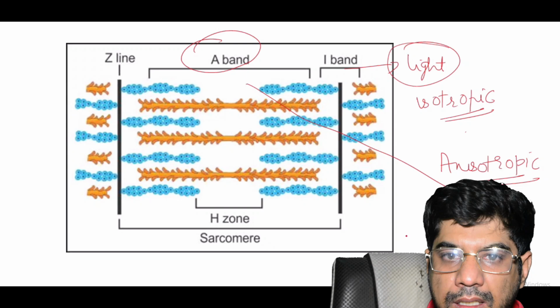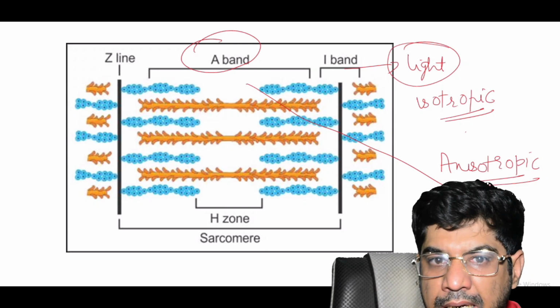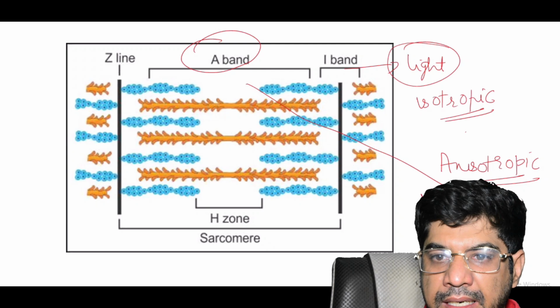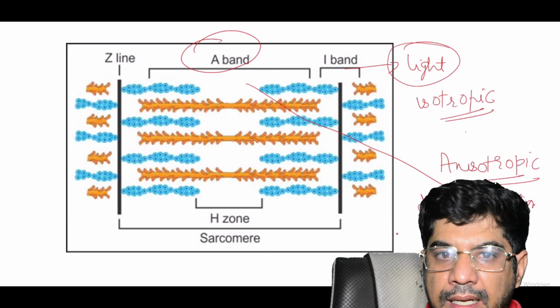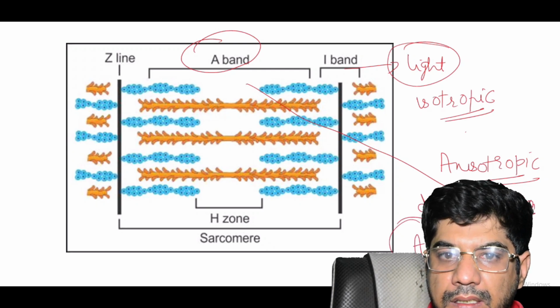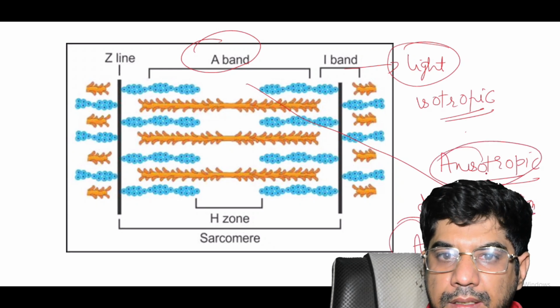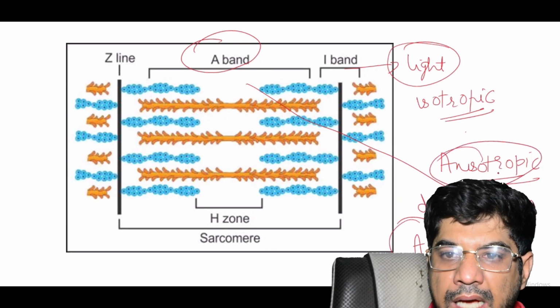That means that when the light is passed through this area, the light rays will be refracted in a different direction. So that is why it is known as the A band.